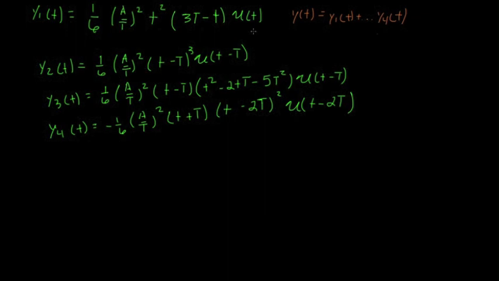We have at least 3 points in time: at t equal to 0, defined by u of t; u of t minus capital T, so at capital T we have an amplitude; and then something at u of t minus 2 times capital T.